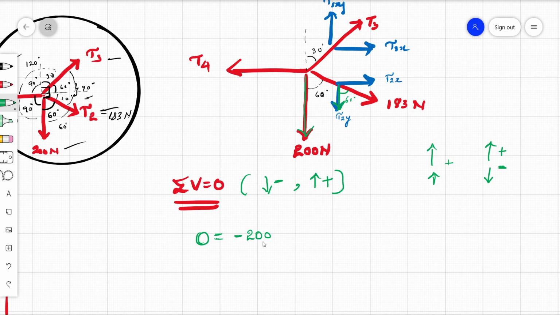So I take this as a minus T2 cos 60 degree. And we have one more thing which is going upward, which I take as a positive, that is T3y. And T3y we take as a positive T3 cos 30 degree, because the angle is made in the other term.